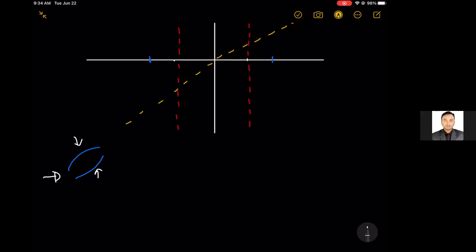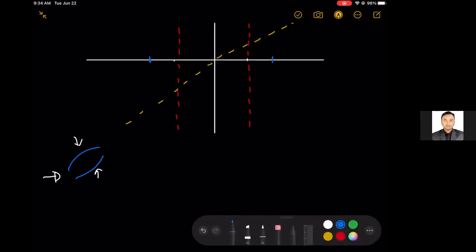You need to pick it really quick, otherwise you might be running short of time, right? Not for the homework, but for the exam, you need to pick it really quick, okay? So this one is for concave down.